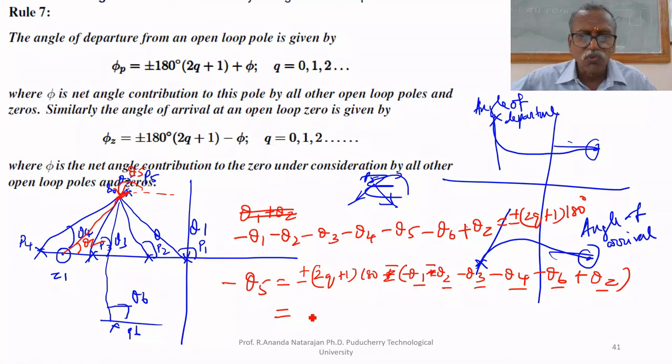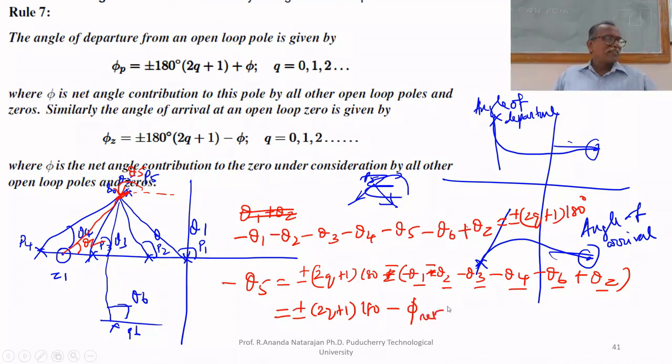So, therefore, plus or minus (2q plus 1) multiplied by 180, minus theta 5 net. Phi net, I am calling that angle phi net. What is phi net? Phi net is the angle made by lines joining P5 and all other poles and zeros.